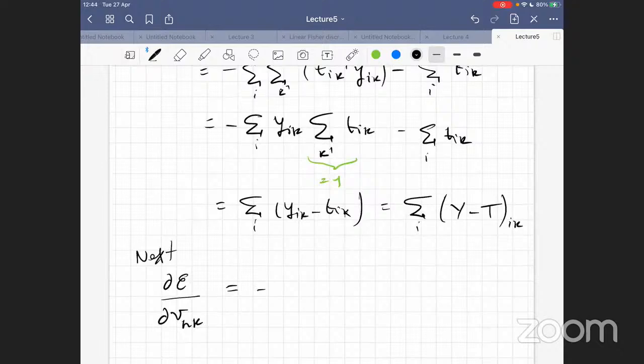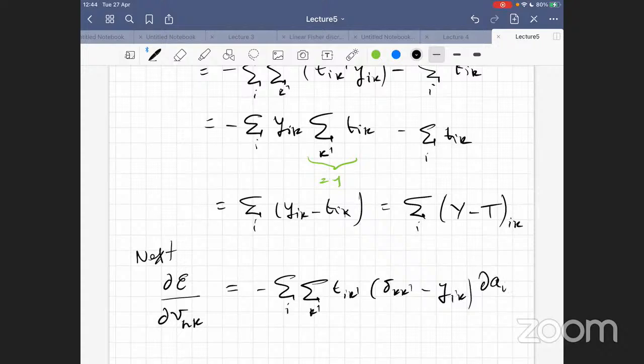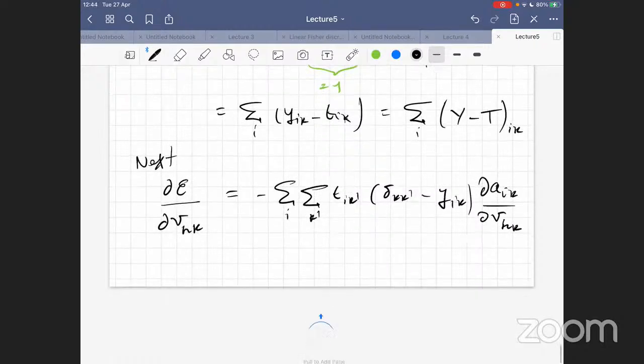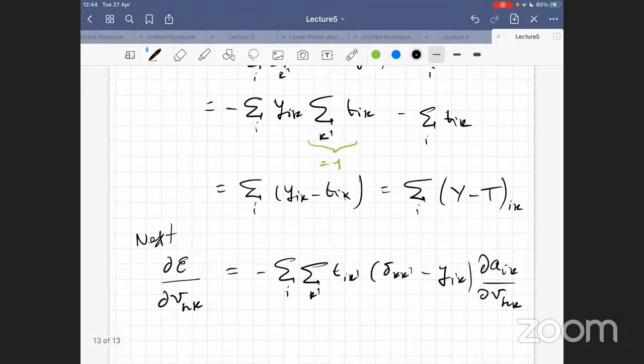We have done some work above, so this is just the same sum here, t_ik' times delta_k'k minus y_ik, with the difference that now you need to differentiate the argument of the softmax with respect to this.